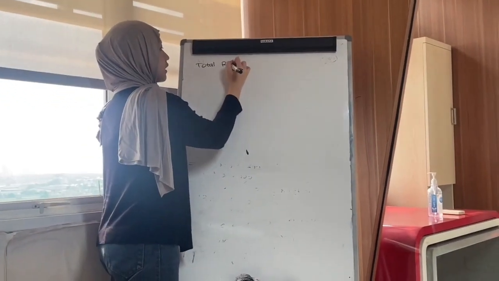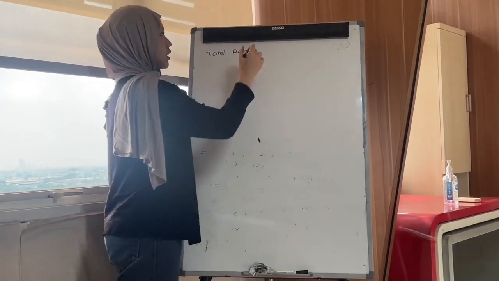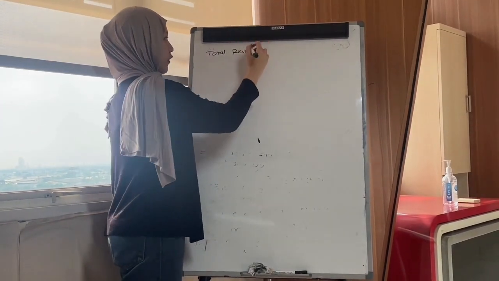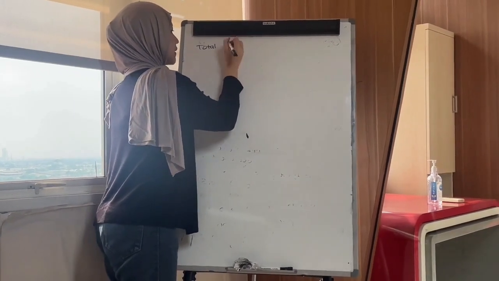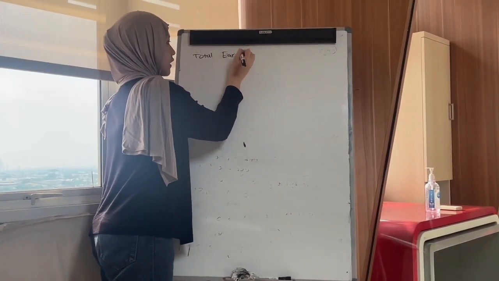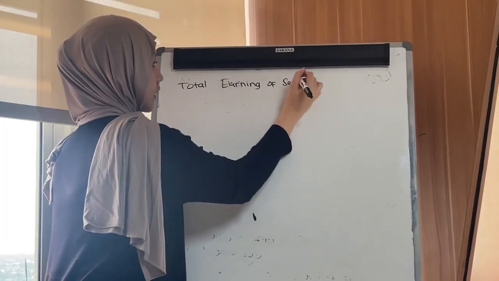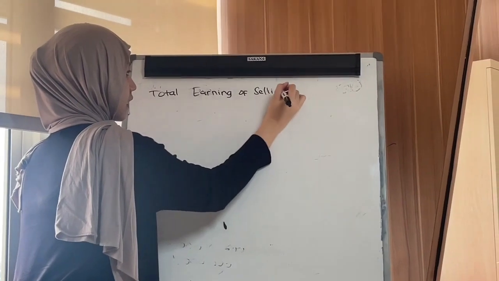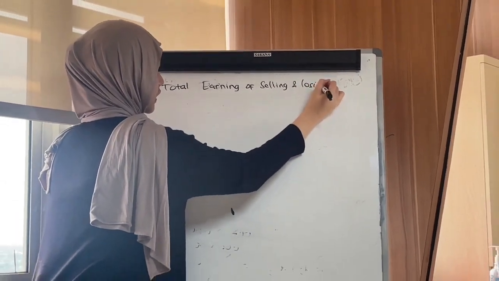So we add all of those incomes, and it becomes the total earning of selling and losing clubs.